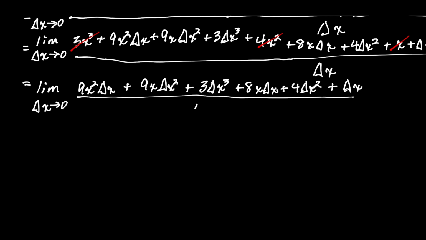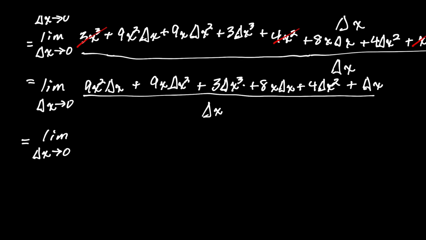So I'm going to factor out a delta x. So here's the spot where we factor a delta x. This delta x is going to come out and leave us with 9x squared plus 9x delta x. So be careful here.